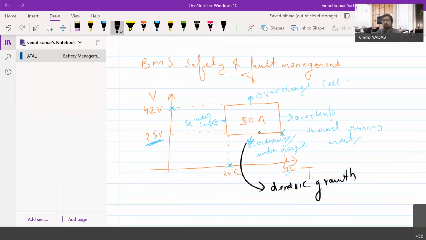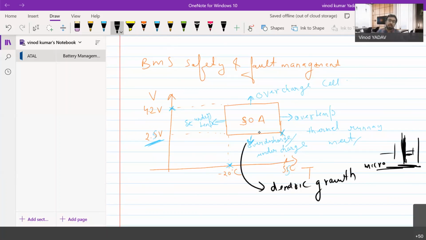In dendritic growth, very tiny or micro filaments of conductors reside across the cell plates. What will happen if these excessive deposits keep on happening? It will short the path between the two plates. What happens if we operate after this state?